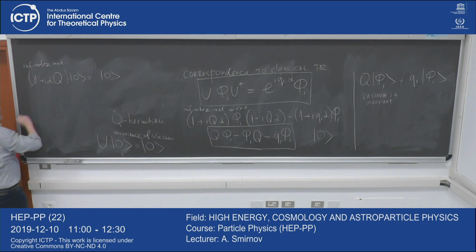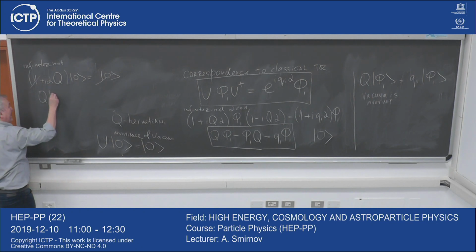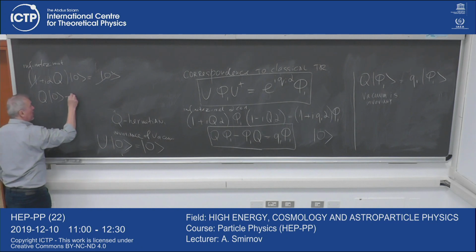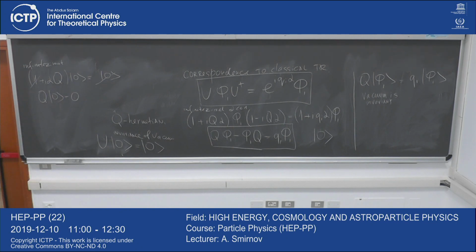Now the first term cancels with this, and since alpha is an arbitrary parameter, I'm getting here Q acting on the vacuum gives me 0. Agree? Which means that in the case of unitary transformations, the vacuum is annihilated when I act by this operator Q. It gives me 0.